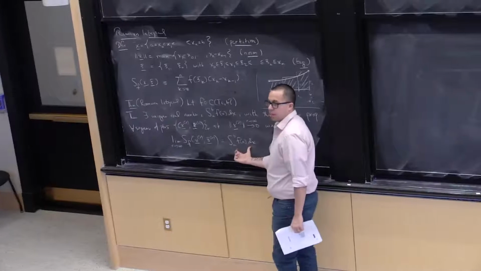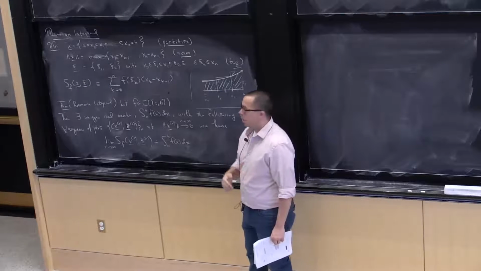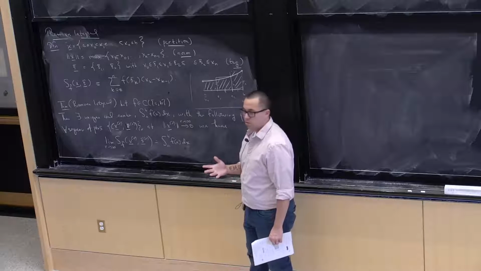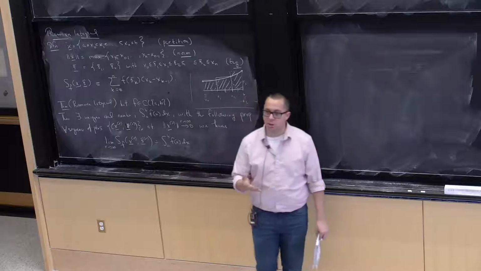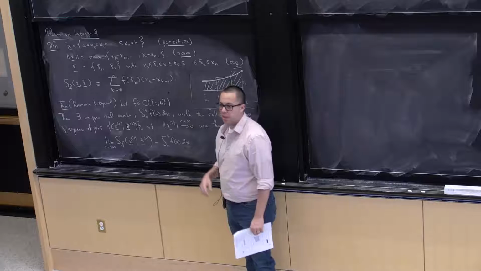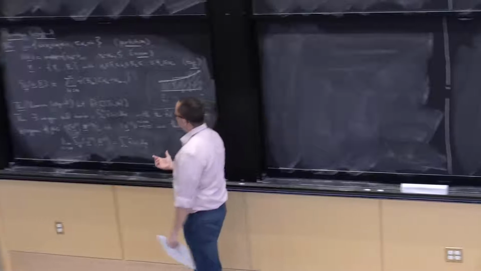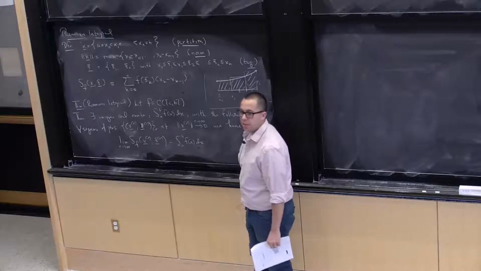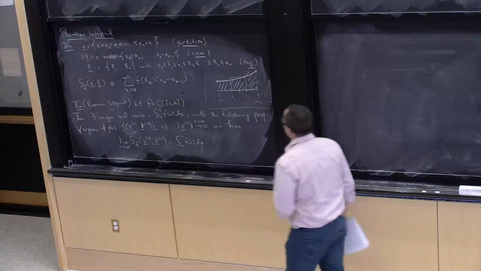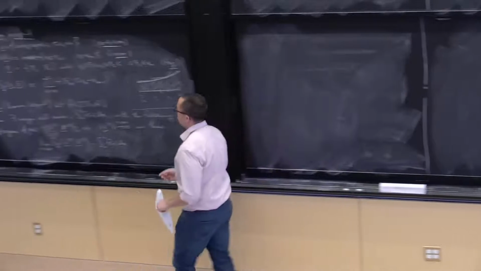So I could take two different sequences of partitions becoming finer and finer, look at their Riemann sums, and those two sequences of Riemann sums converge to the same number, which we denote by the integral from a to b of f(x) dx, the Riemann integral of f. And it's this number which we interpret as the area underneath the graph of f. Okay? All right, so our main goal for today is to prove this theorem.